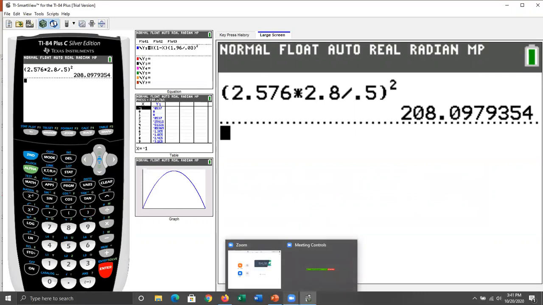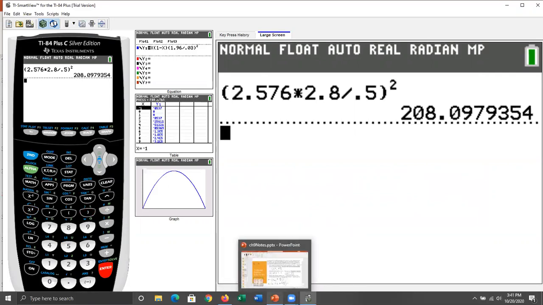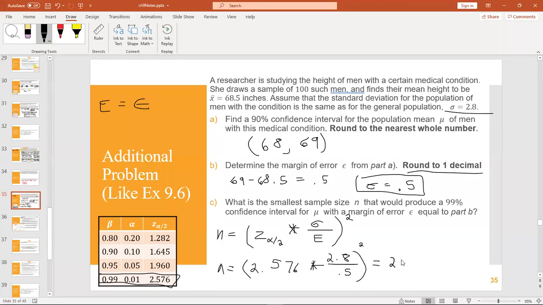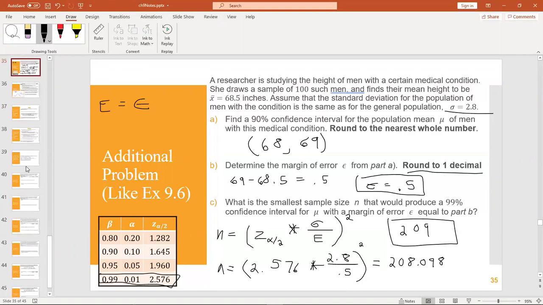And that's 208.098. You're always going to round up to the next whole number, which means you're going to need to have 209 people in your sample. All right, let's see what else we have.